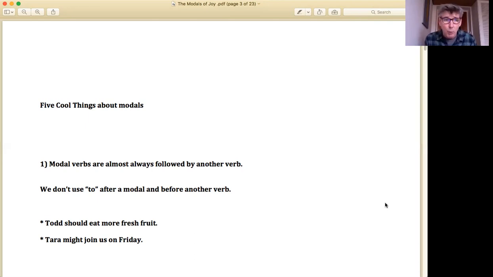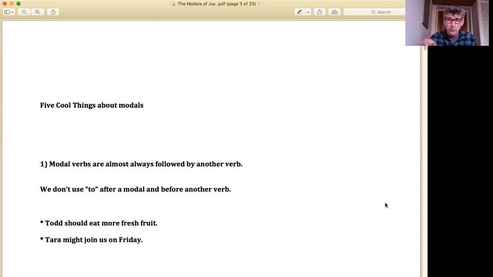Another thing is we don't use to after a modal verb and before another verb. There are a few exceptions, like have to or ought to, but those are connected into the verb. You never would say would to have, or should to have. You just want to remember that.